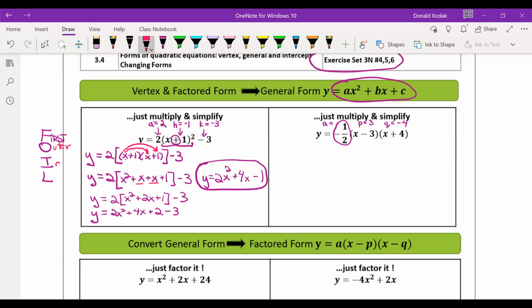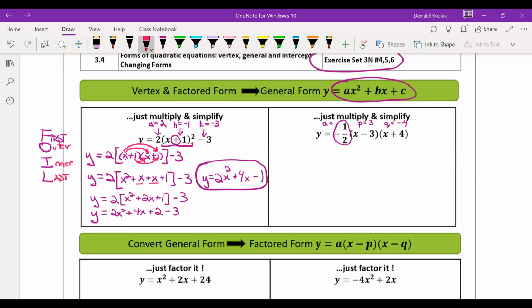Then the I stood for inner. So you multiply the two inside terms, 1 times x, x. And then you did the last terms. 1 times 1 is 1.